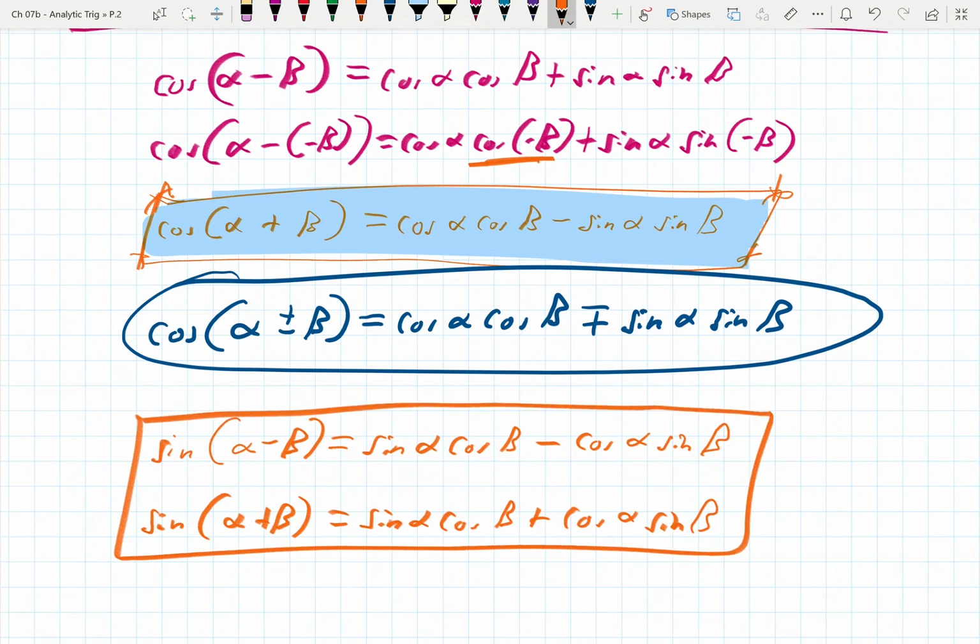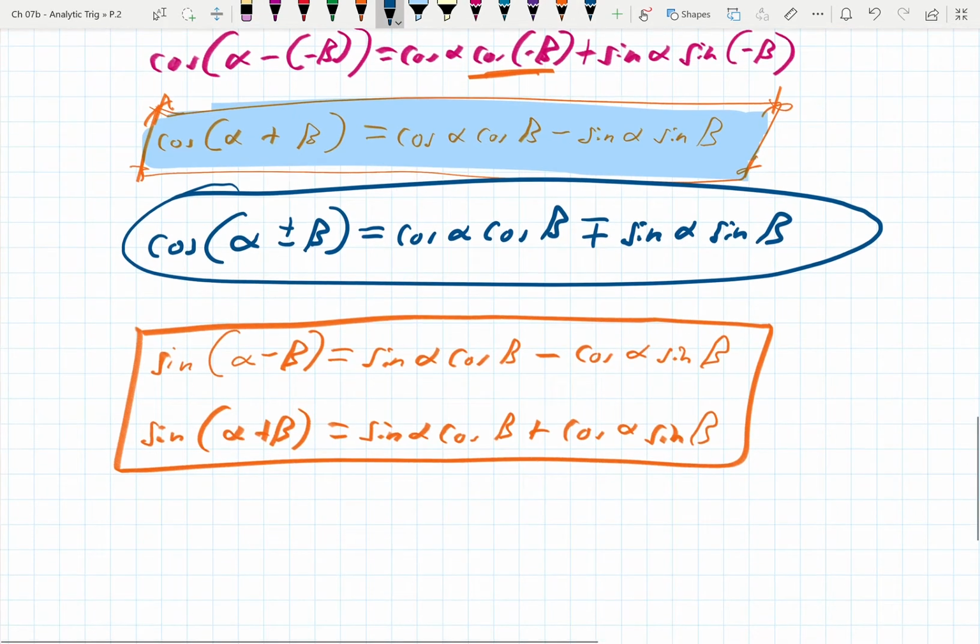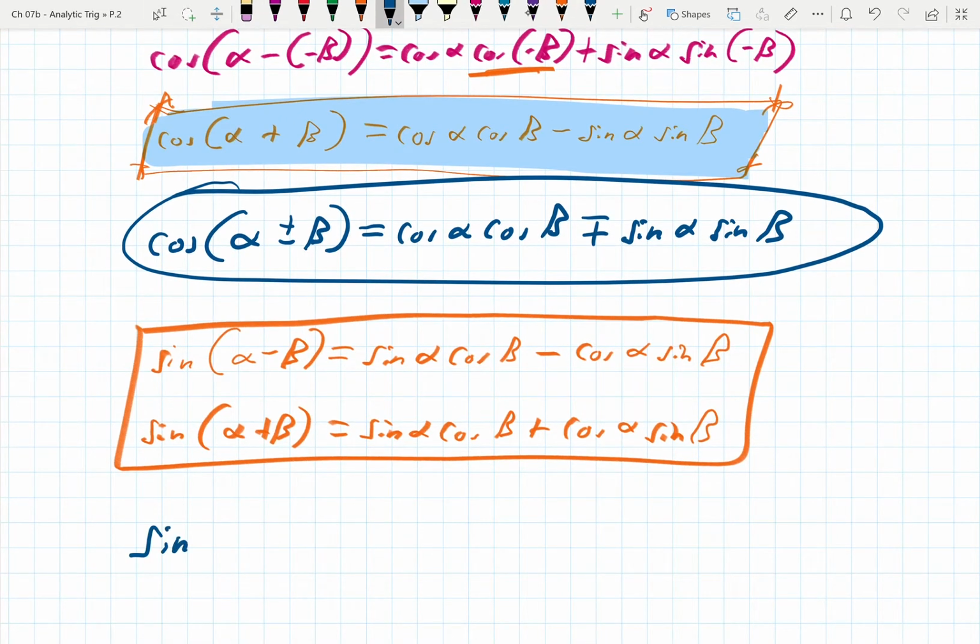Two more for you that I'll summarize the same way we did right up above. Sine of alpha plus or minus beta is sine alpha cosine beta plus or minus cosine alpha sine beta.